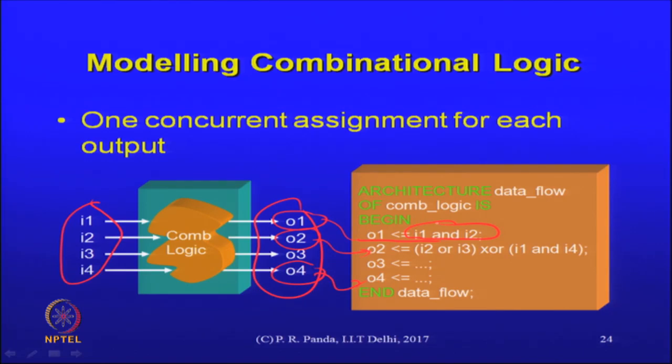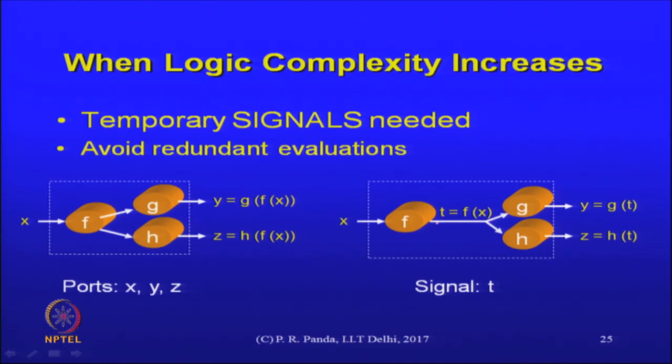Hopefully this is obvious. There is one simplification we may need to perform, which is that I have a system in which there is one input and I have multiple outputs, but the logic may be complex. It may be a very complicated functionality, and in fact the computation for y and z might have some elements that are common.